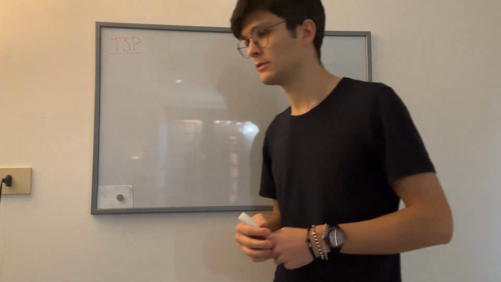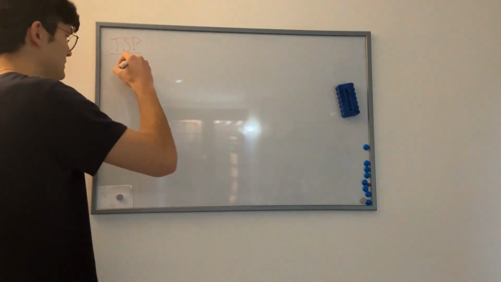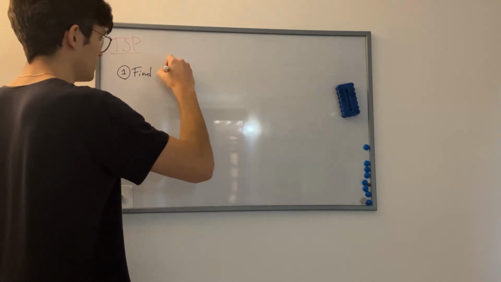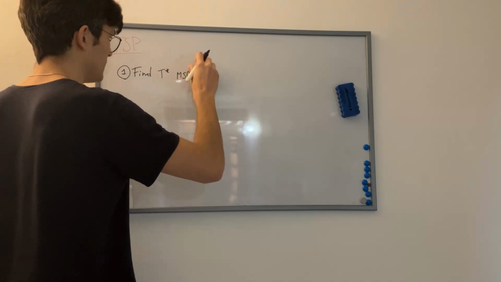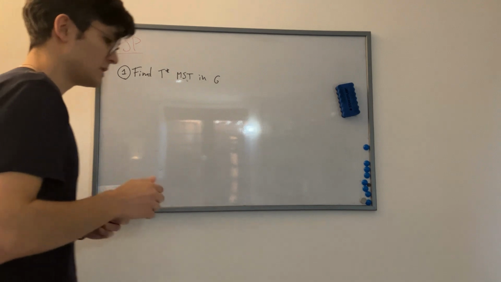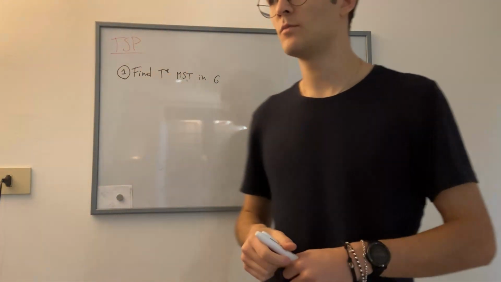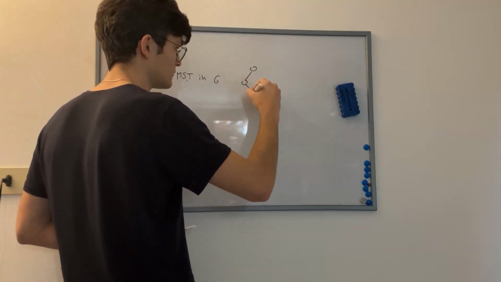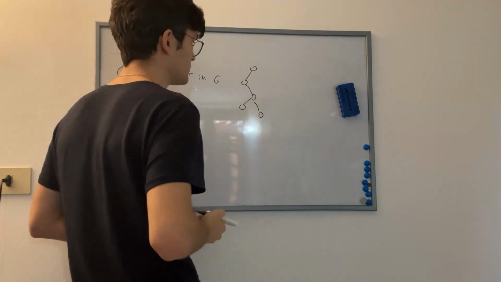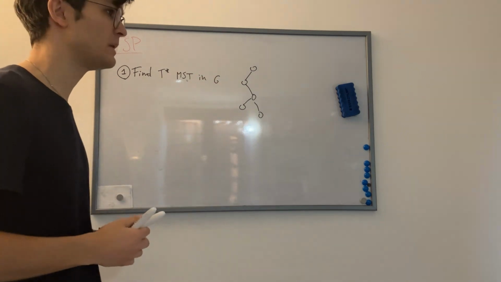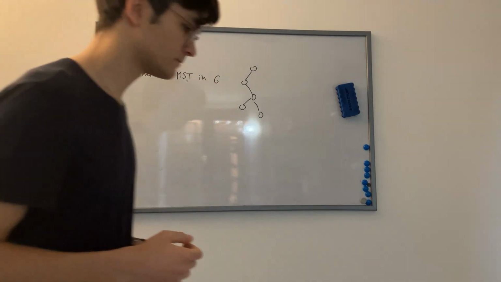So what is the algorithm itself? The first step is to find T star, a minimum spanning tree in the graph. What is a minimum spanning tree? You probably already know, but it is a tree that covers all of the nodes of the graph with minimum cost.